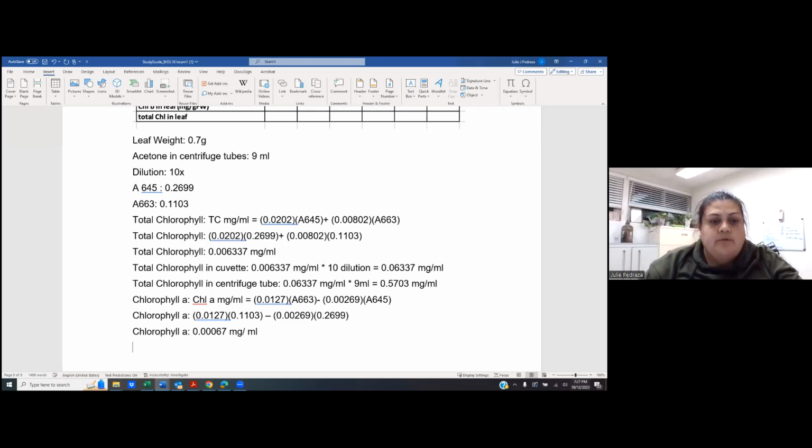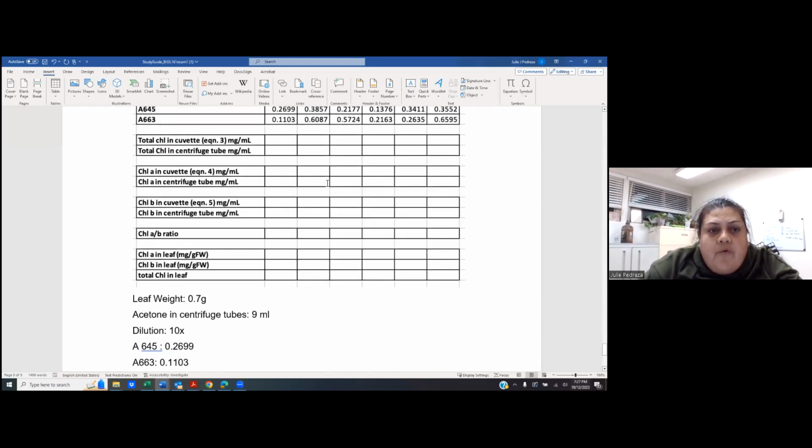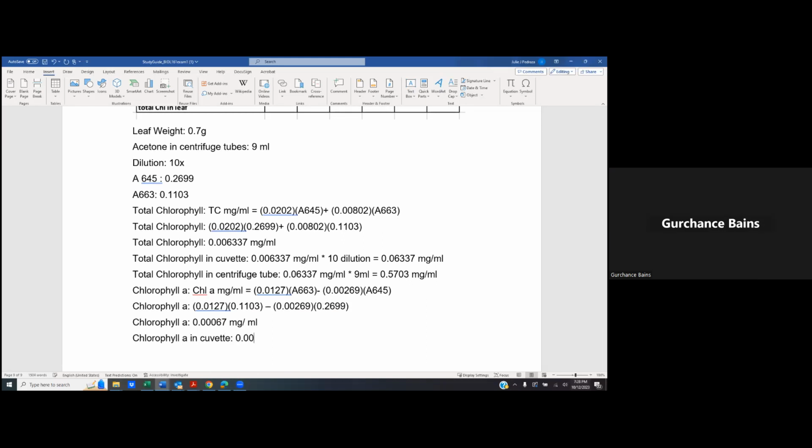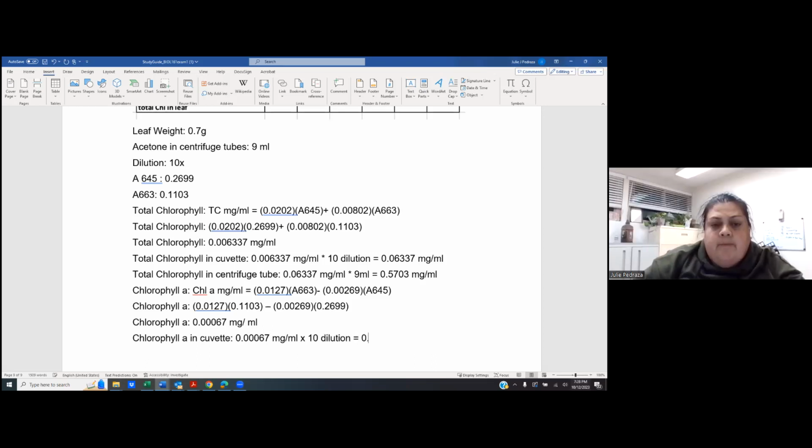Okay, so now it's saying solve it for the cuvette and the centrifuge. So what are we doing again? What are we multiplying it by? 10 for the dilution. Thank you. Which equals.